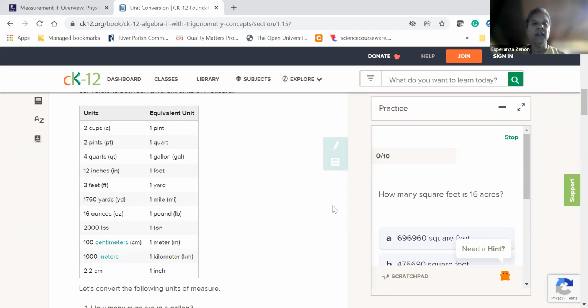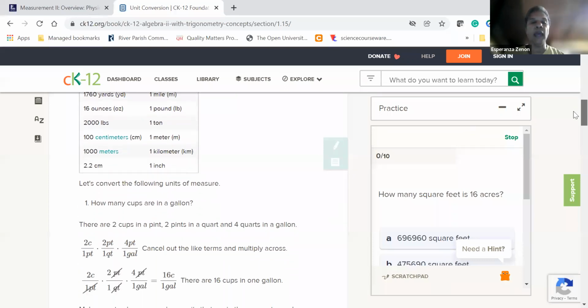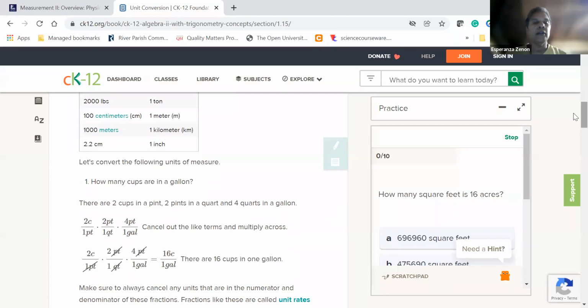Okay. So once you have the conversion factor, then you have to line it up properly so that you cancel out the unit that you have and keep the units that you want. Okay. And that technique is called the dimensional analysis technique. All right.